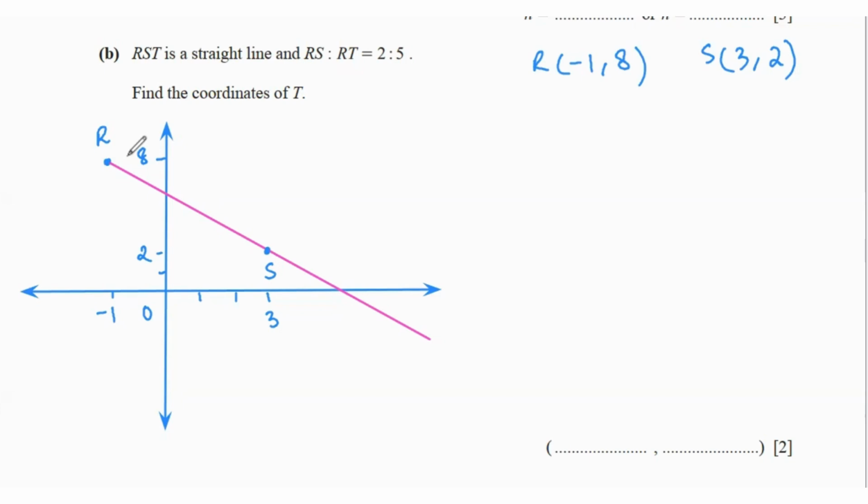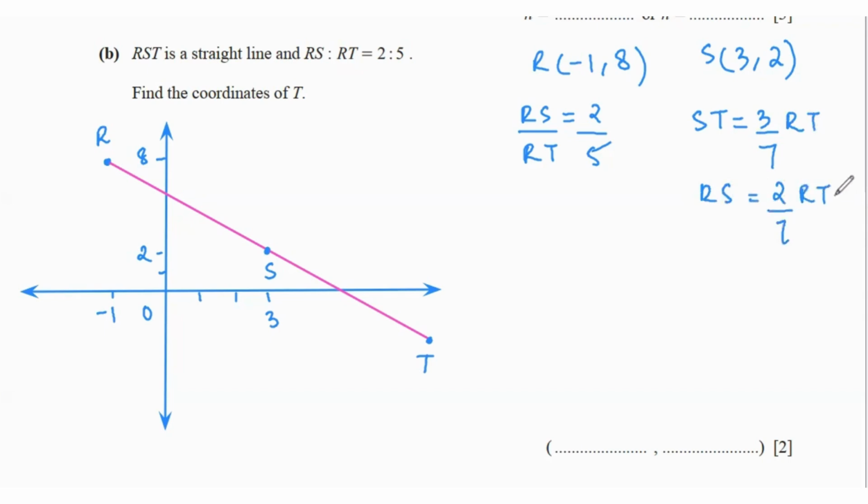RS to RT is 2:5. So if T is somewhere over here, RS is 2 units over RT is 5, which means ST is 3/7 of RT and RS is 2/7 of RT.